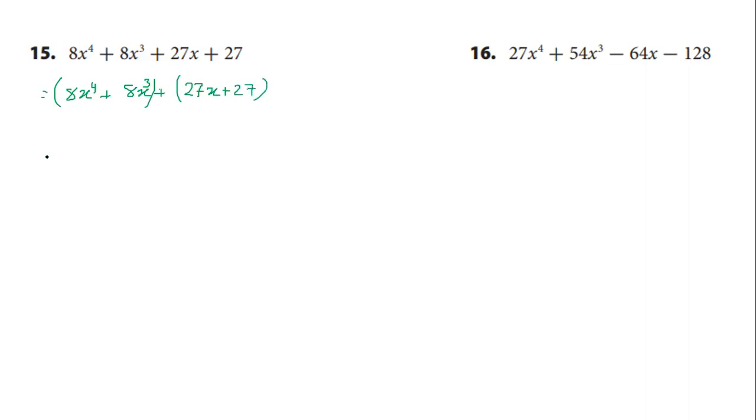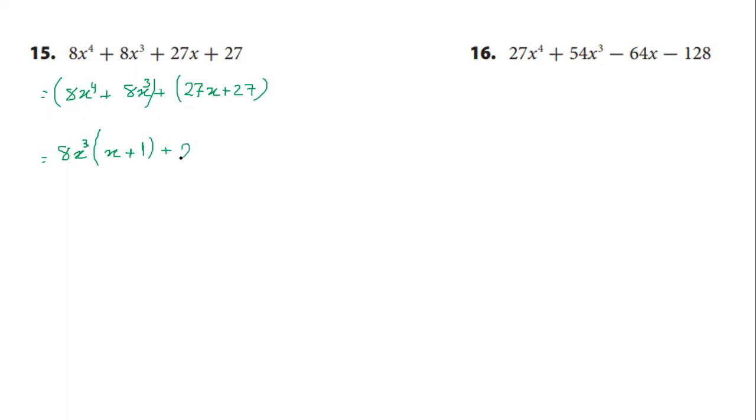Then we take the greatest common factor, which here is 8x to the power of 3, and we still have x plus 1. In the second one, the greatest common factor is 27, so it will be x plus 1.